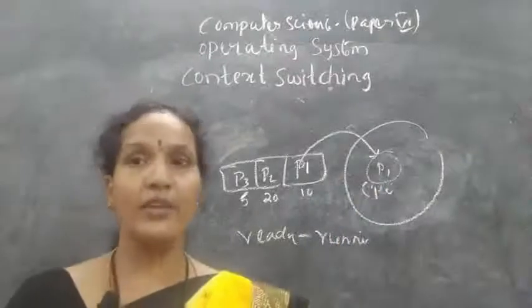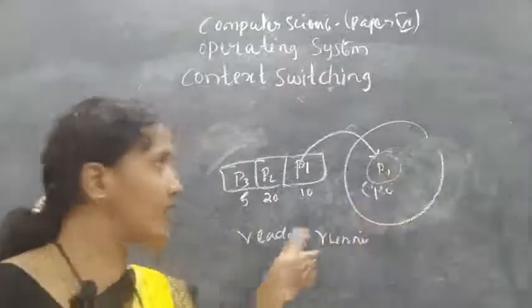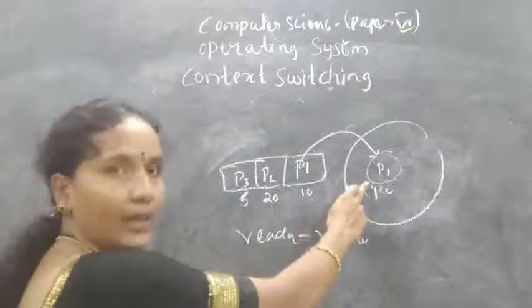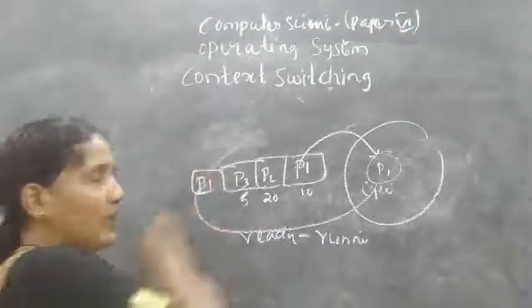Why should we save that? In this example, P1 is running. We moved P1 into a queue, the ready state.